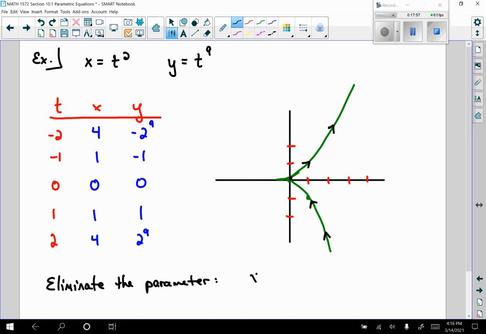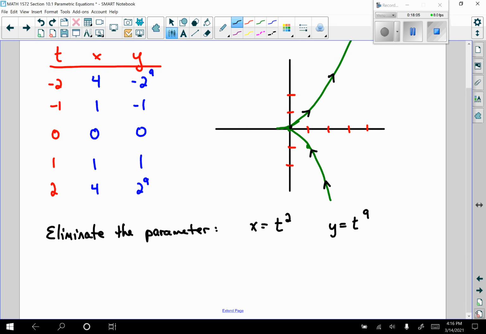So again, we know x is equal to t squared. And if y is equal to t to the 9th, we could substitute in both ways here. It really doesn't matter. So we could show that t could equal the square root of x. Therefore, y is going to equal x to the 1/2 to the 9th.